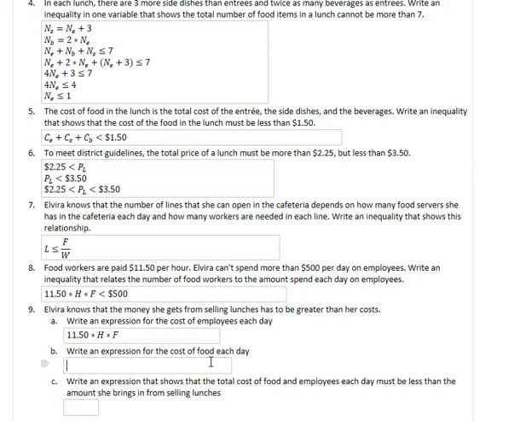Okay. Write an expression for the cost of food each day. Well, the cost of food we've already established as being cost of the entrees plus cost of the sides plus cost of the beverages.